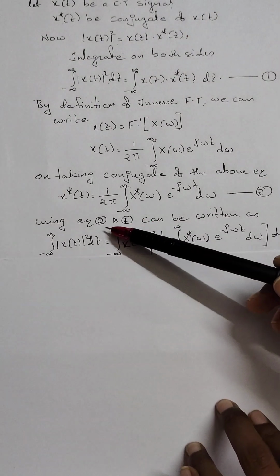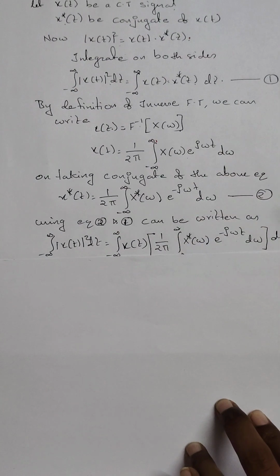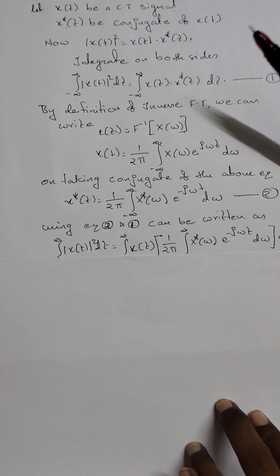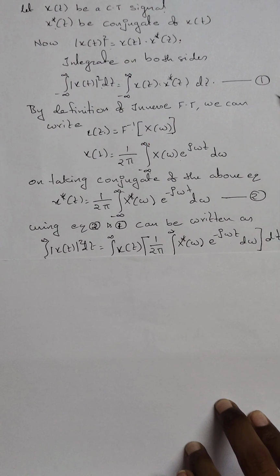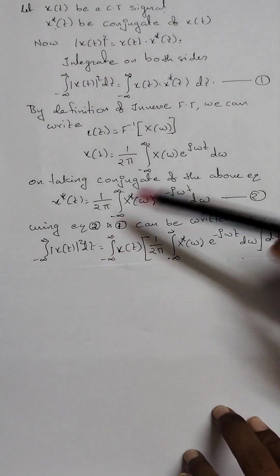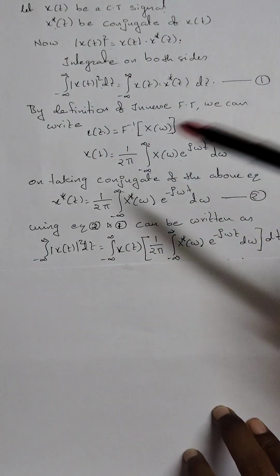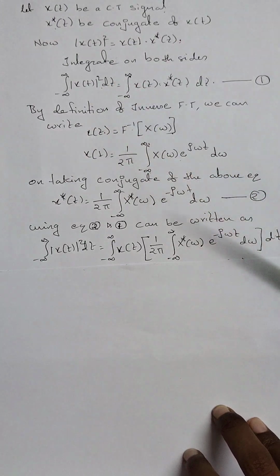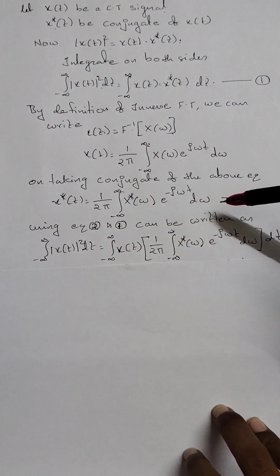Now using equation 2, equation 1 can be written as follows. Equation 1 is the integration from minus infinity to infinity of |x(t)|² dt. In place of x*(t), we substitute this value.